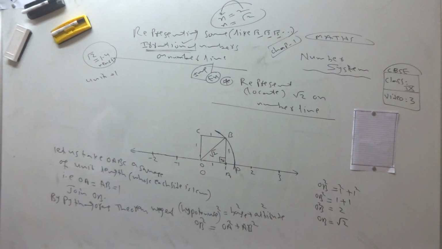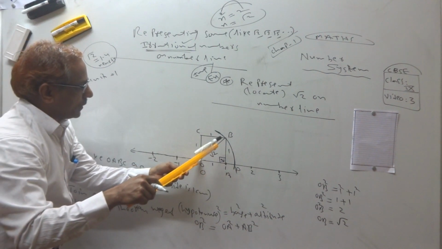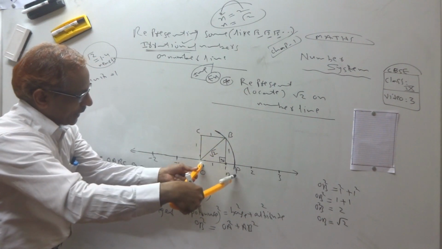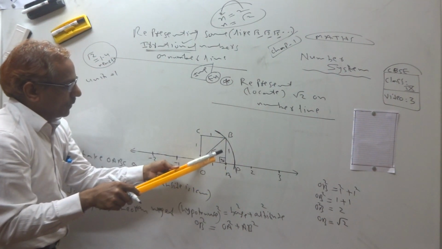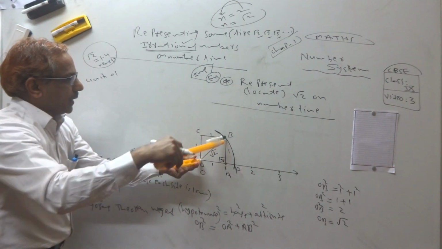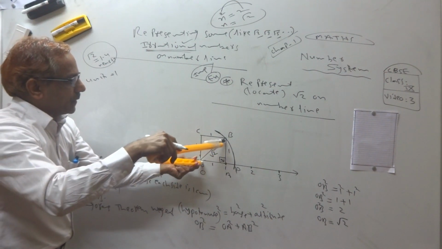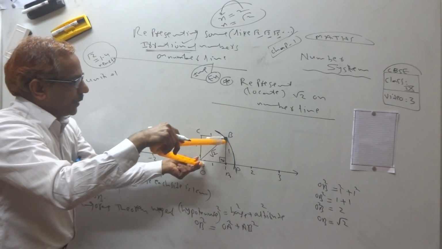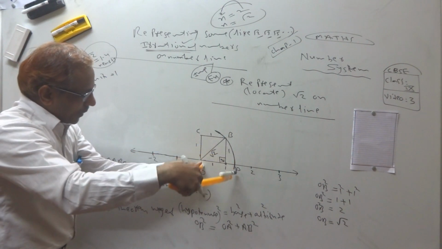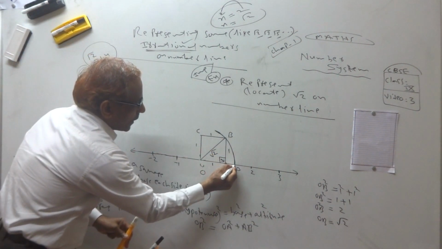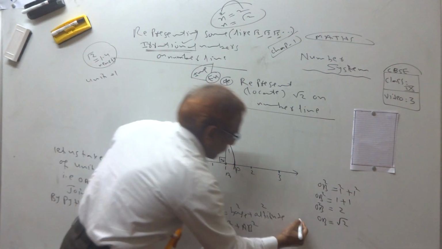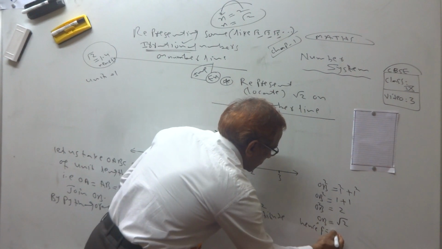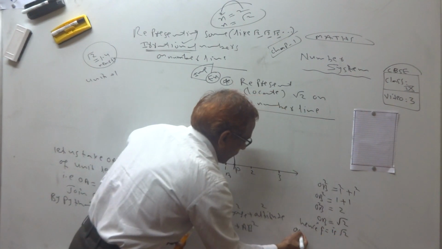Keep one end of the compass on the center and adjust it to OB, root 2. Then draw this arc. Where this arc meets the number line is P. Hence P is root 2 on the number line.